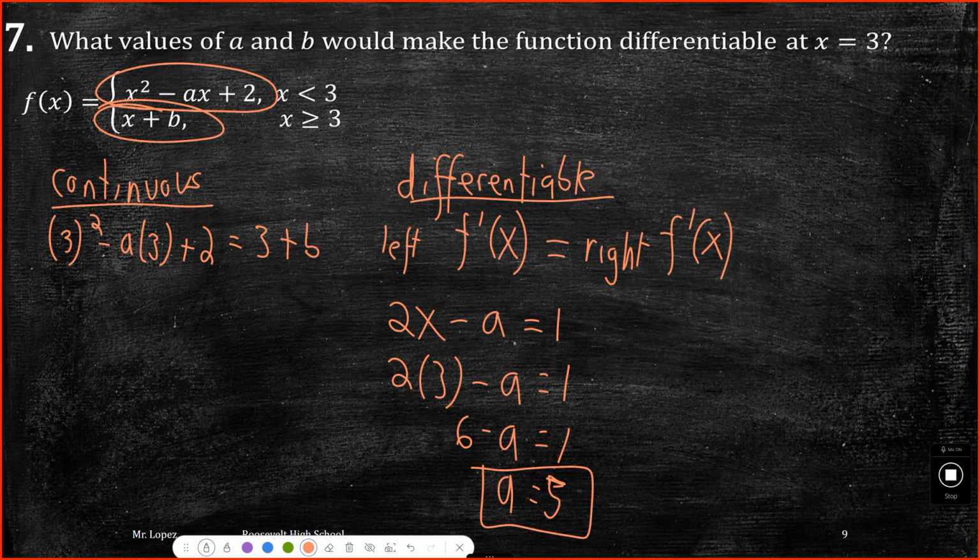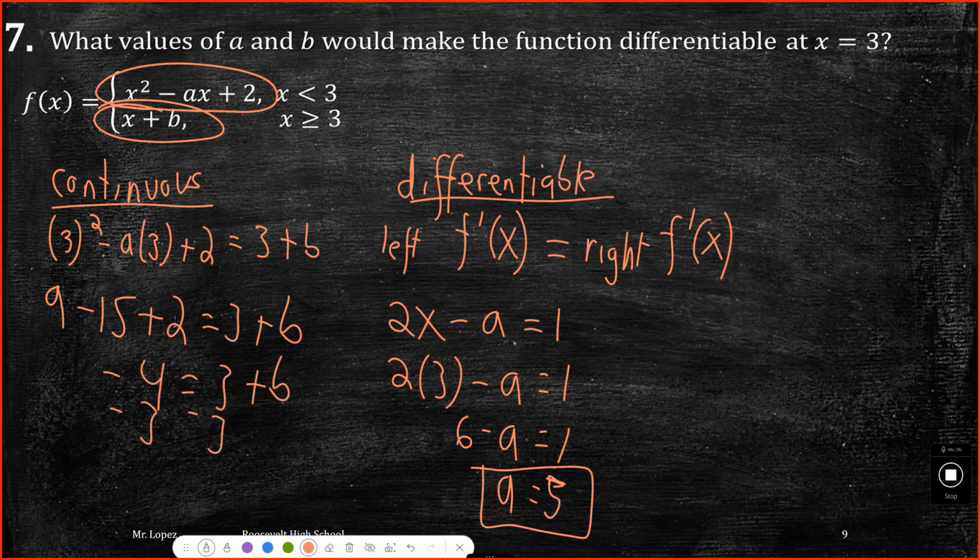Easy. 3 squared is 9, minus 3 times a, where a is 5. 3 times 5 is 15. So 9 minus 15 plus 2 equals 3 plus b. 9 minus 15 is negative 6, plus 2 is negative 4. Negative 4 equals 3 plus b, so b is negative 7.